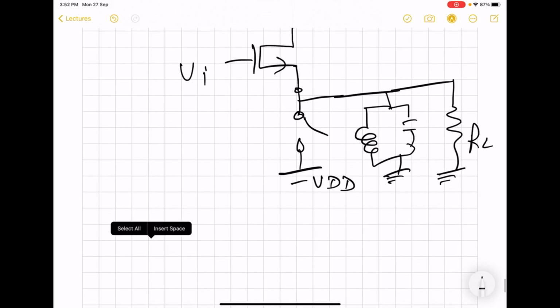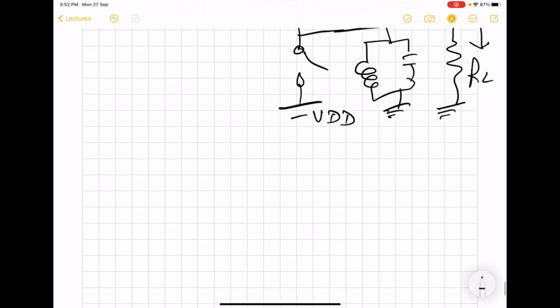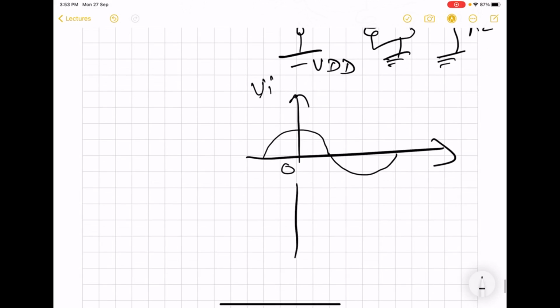So what will happen in this case? There will be a drain current which will be taking this path, ID1, and ID1 will be, so this is our Vi, or the total gate to source voltage. So ID1 is going to be like this.